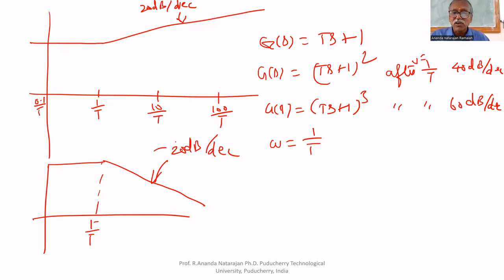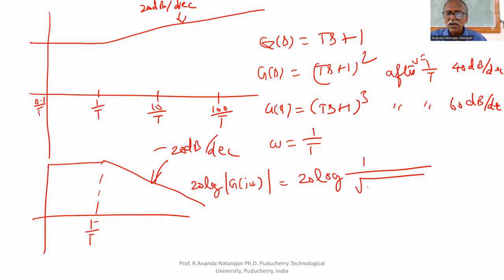If we consider both, what will happen? At corner frequency, 20 log modulus of G of j omega equals 20 log 1 by square root of omega square tau square plus 1. That is equal to minus 20 log square root of omega square tau square plus 1.